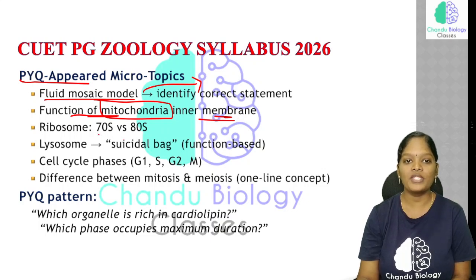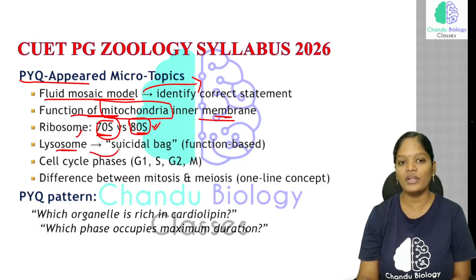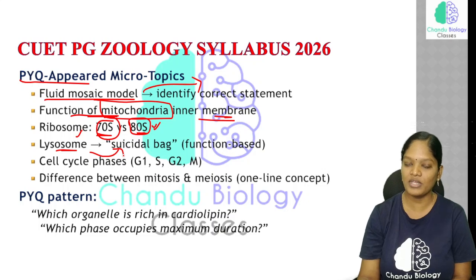And the ribosomes. We have 70S ribosomes and 80S ribosomes. Where will the 70S ribosomes be present, and where will the 80S ribosomes be present? Everything will be discussed in detail in our class. Okay. And another important cell organelle is the lysosome, which is also called the suicidal bag. The questions are very frequent.